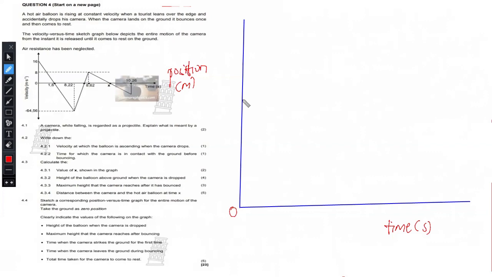The camera being released or being dropped from that hot air balloon, it starts by following in the direction of the hot air balloon before it comes back down. So it follows, reaches a maximum height, comes back down to the ground, and then stays in the ground for a while, contact time with the ground there, and then bounces up to a lower maximum height, and then comes back to rest.